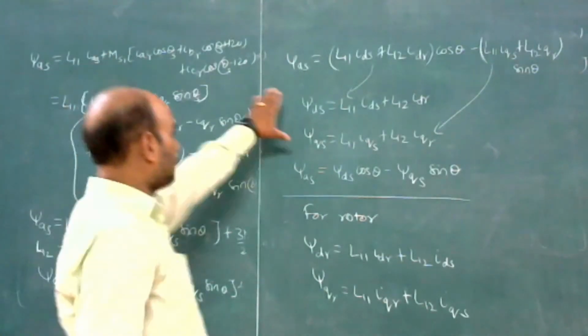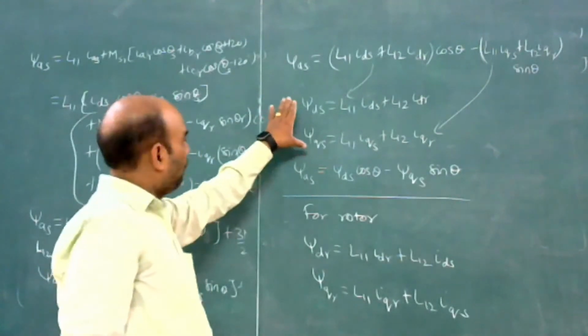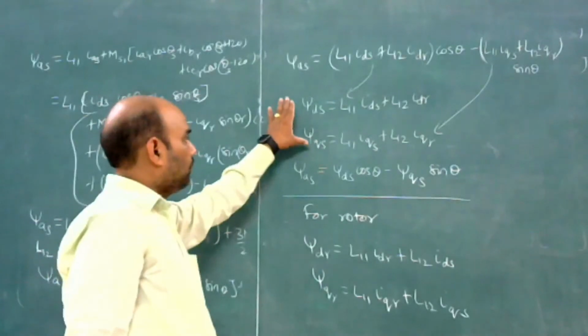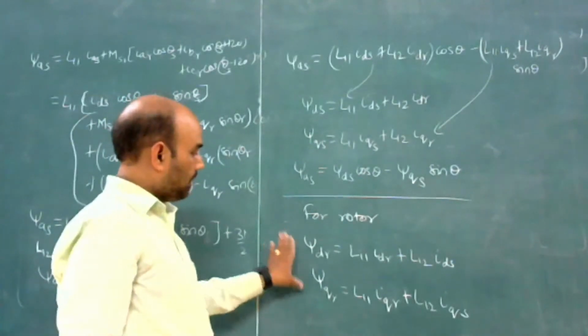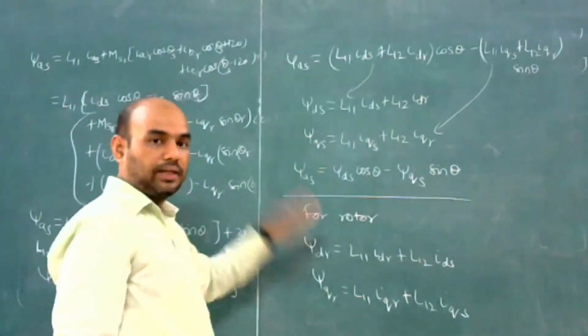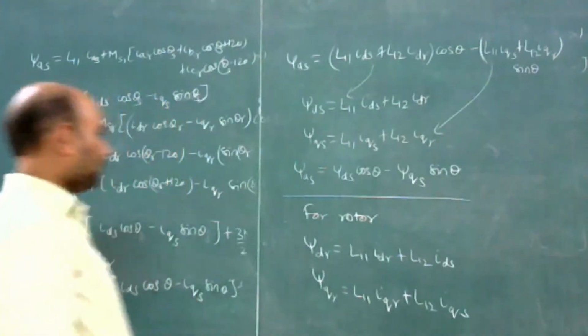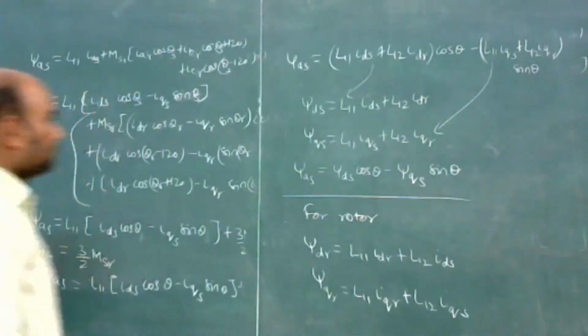So this is the flux linkage in the D axis and Q axis of the pseudo-stationary windings of the stator, and this is for the imaginary stationary windings of the rotor. So similarly, you can write the values.